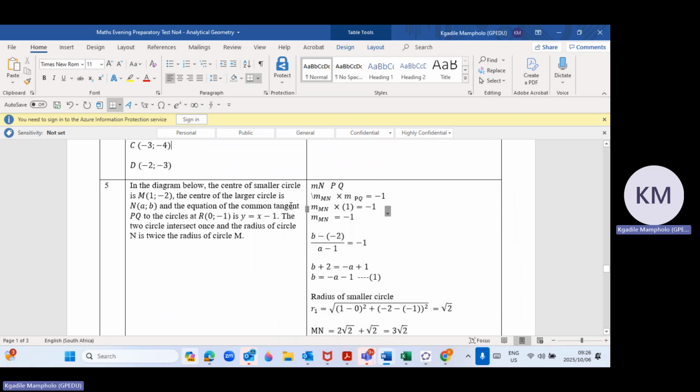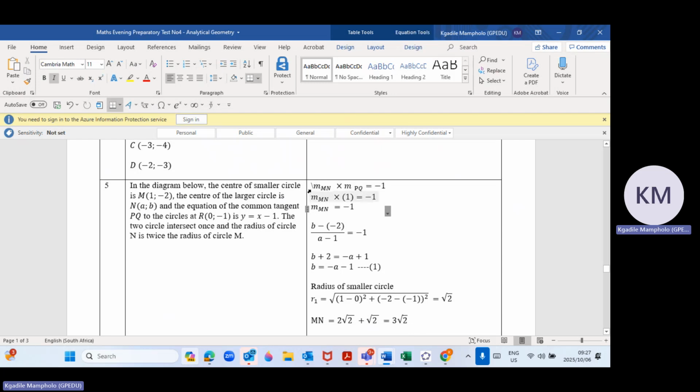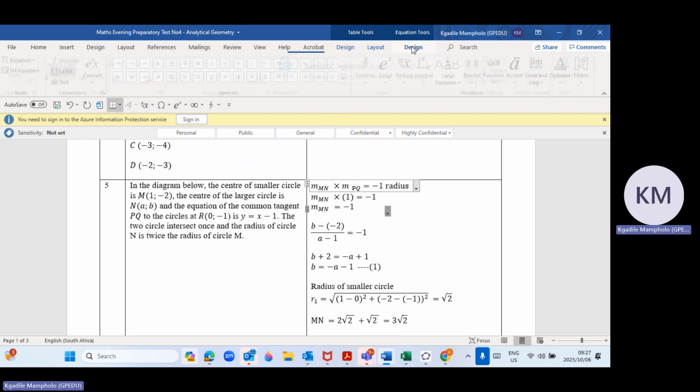Or first, since we know the gradient of the tangent, which is 1, we say the gradient of MN times the gradient of PQ is minus 1, because your reason is that radius is perpendicular to the tangent.